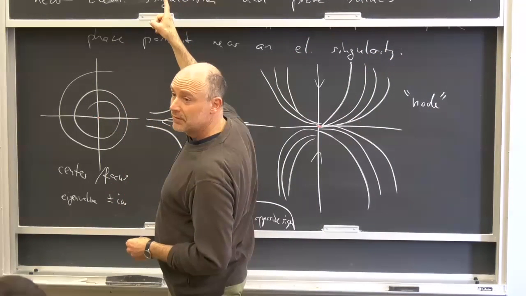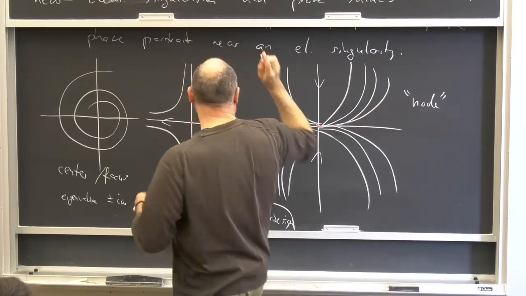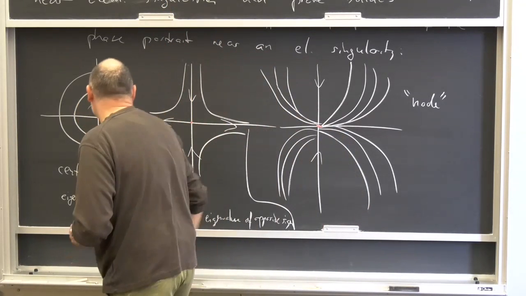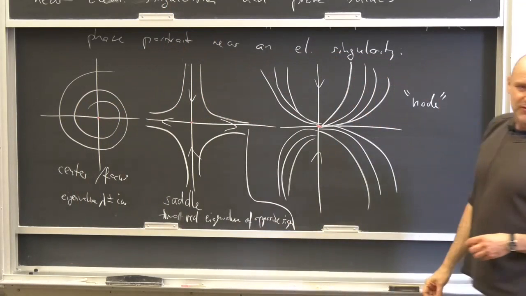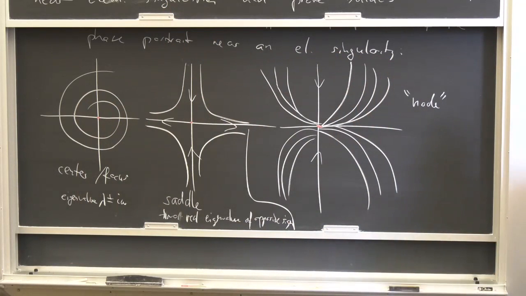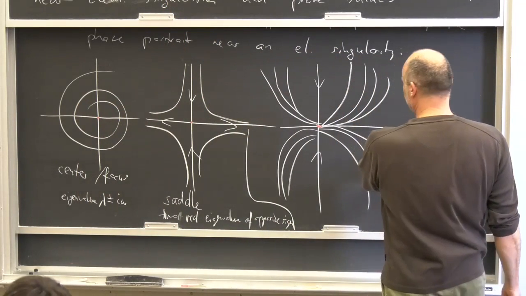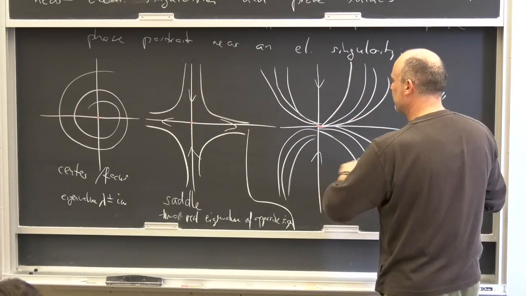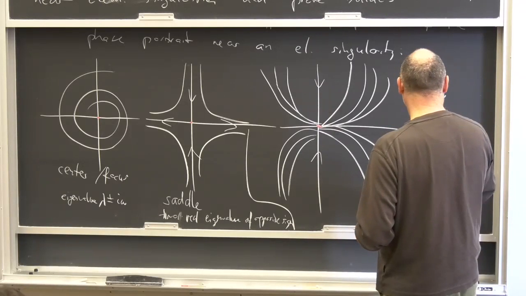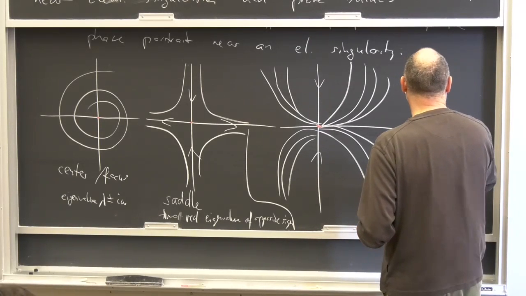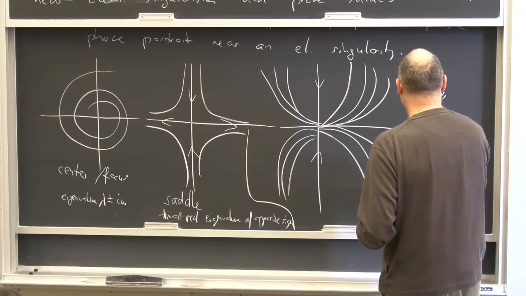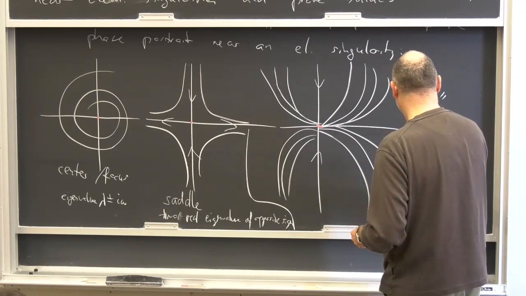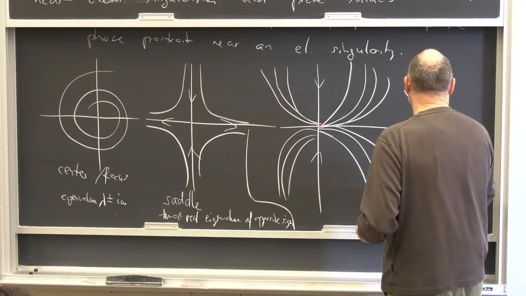So here, the complex conjugate case is the center focus case. Sorry about that. And the node case is two real eigenvalues of the same sign, non-zero.